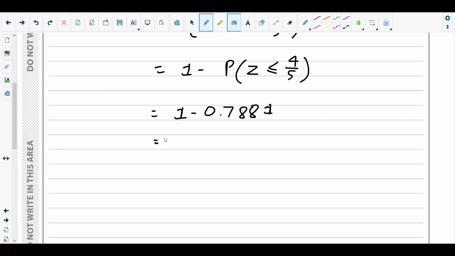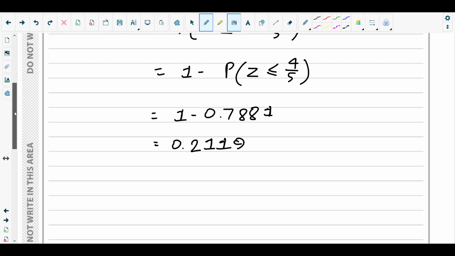So what would be the value here? 1 minus 0.7881 is basically 0.2119. So we got that probability, right?